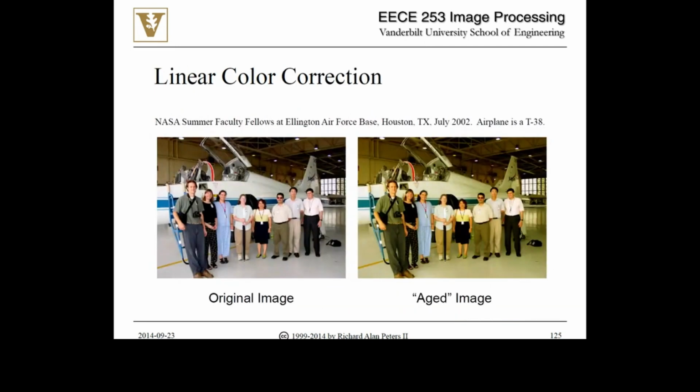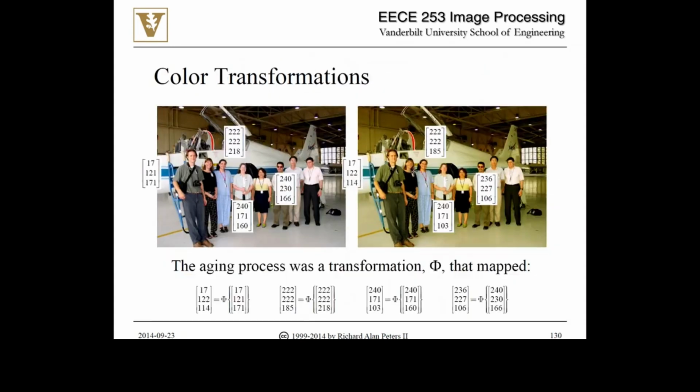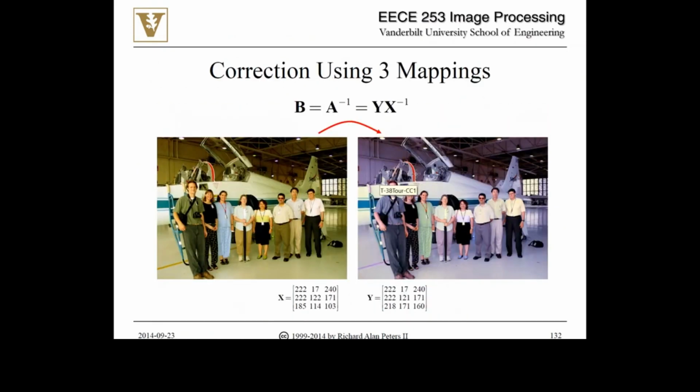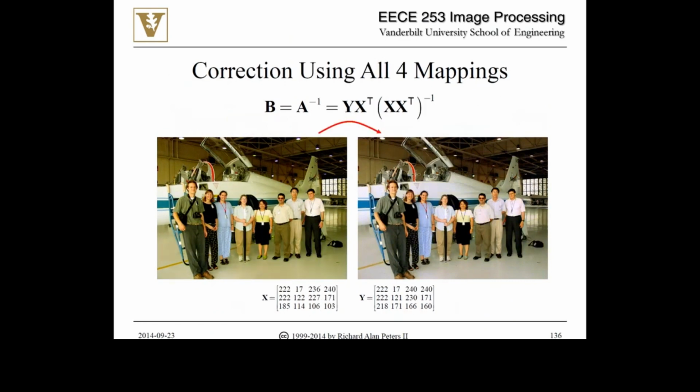So let's see how it works. You find the pairings, you make the multiplication, and this is what you get. This is the original, this is the correct.